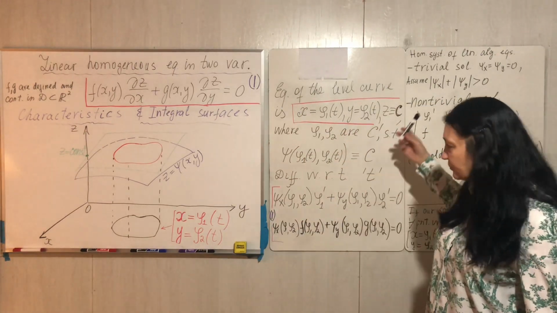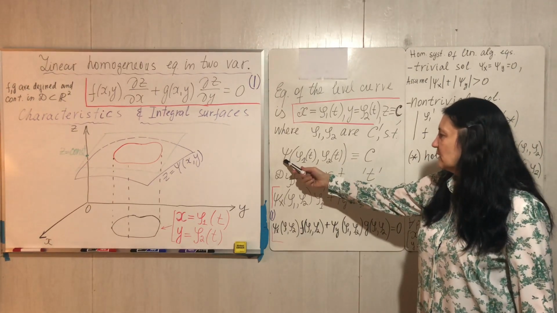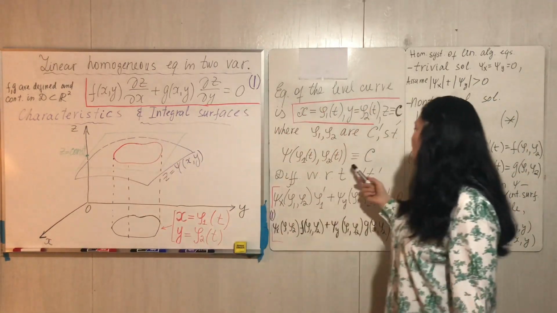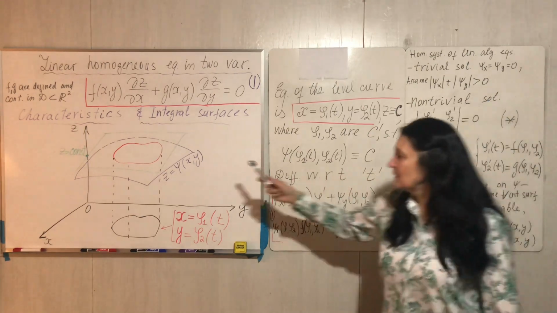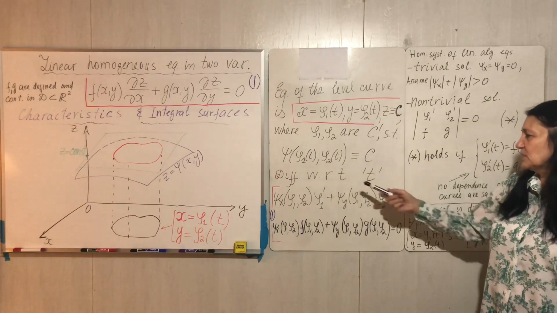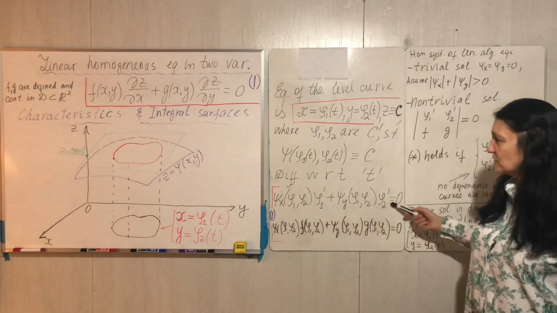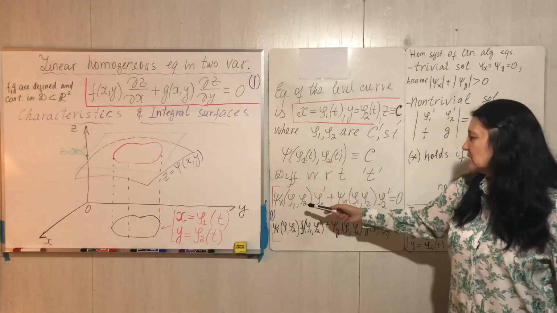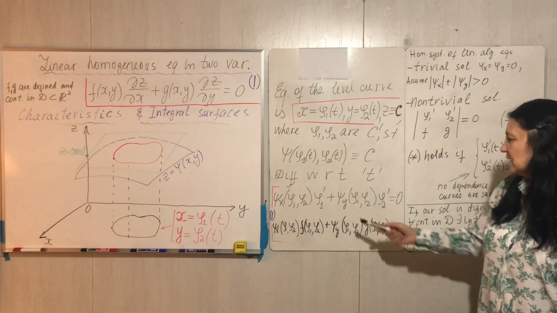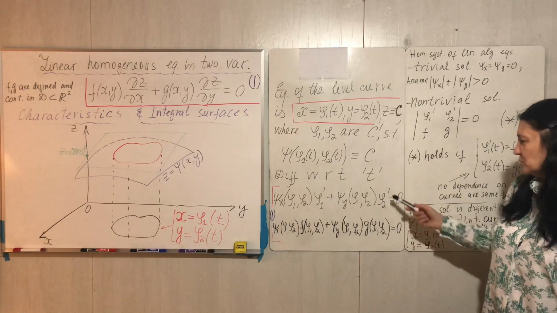So last time we mentioned that if we compute psi on phi1, phi2, on this level curve, then we will get the same constant that we had here in green. And then if we differentiate this equation with respect to t, our parameter, we will get the derivative with respect to the first argument, x, times phi1 prime, plus the derivative with respect to the second argument, y, times phi2 prime.